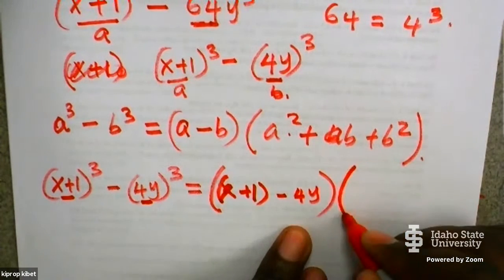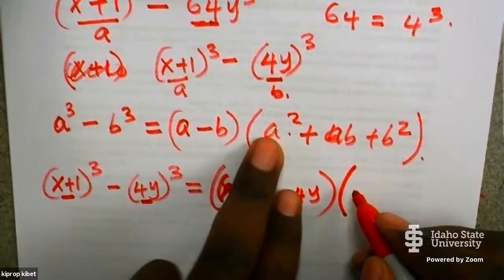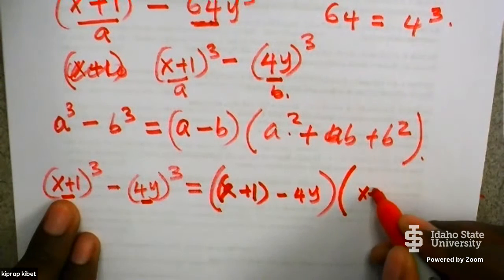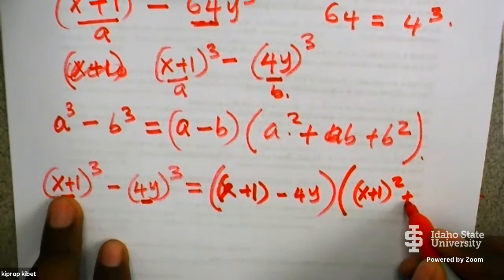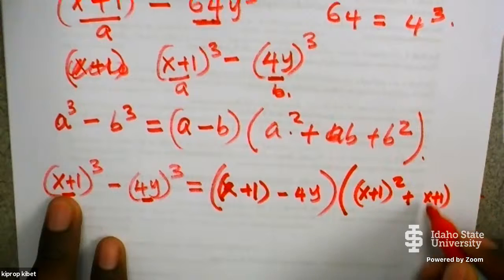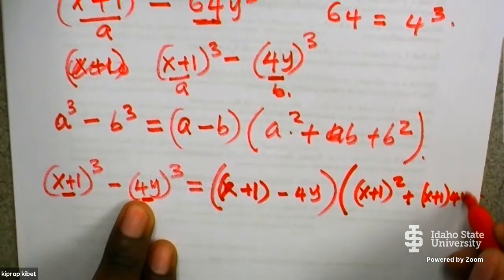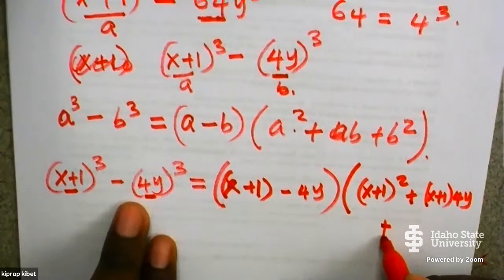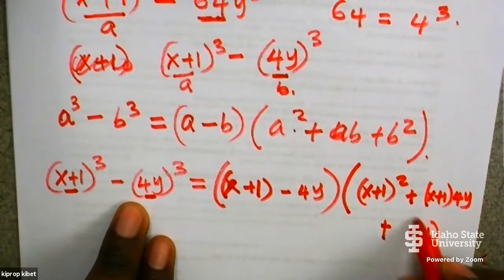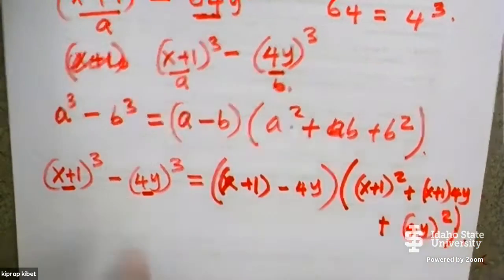And then brackets: a squared is x plus 1 squared, plus ab, x plus 1 times 4y, and then finally plus b squared, which is 4y squared.